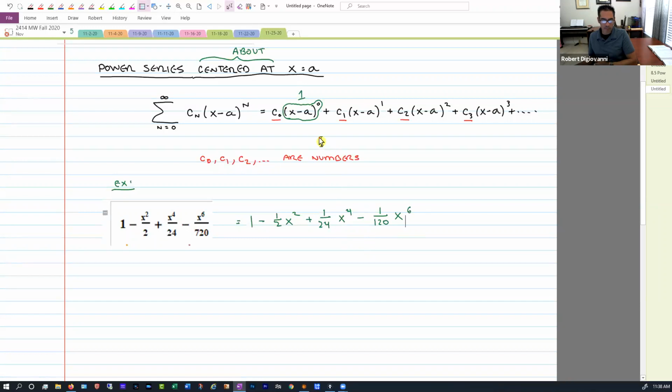So do y'all see that on a power series, we have x to different powers here, and all the powers are included? First power, third power, everything's here, but we're missing those here.